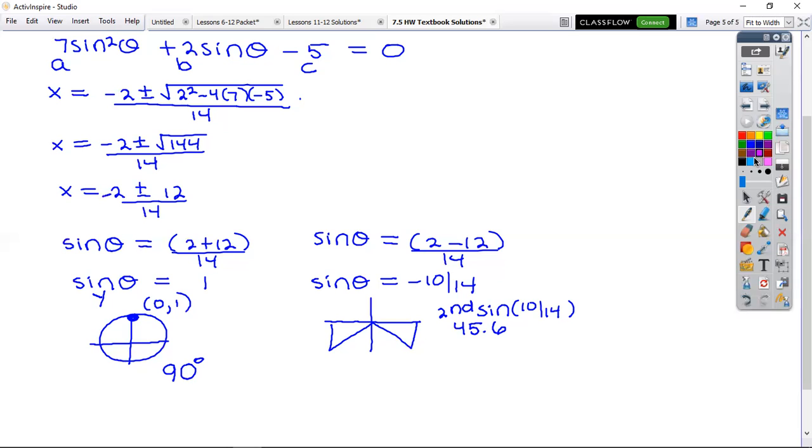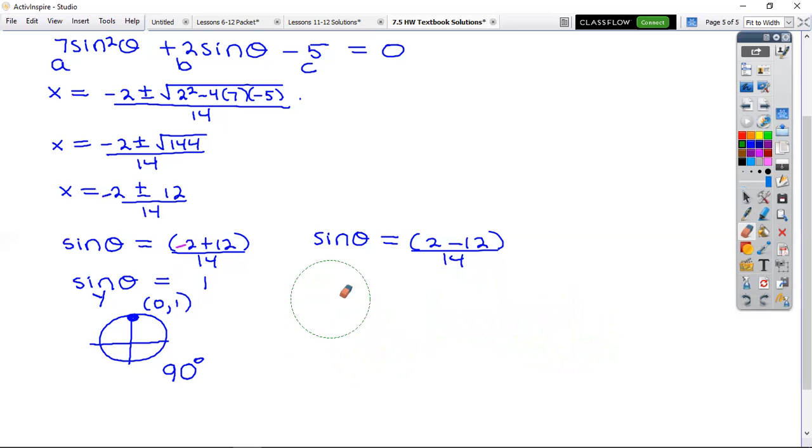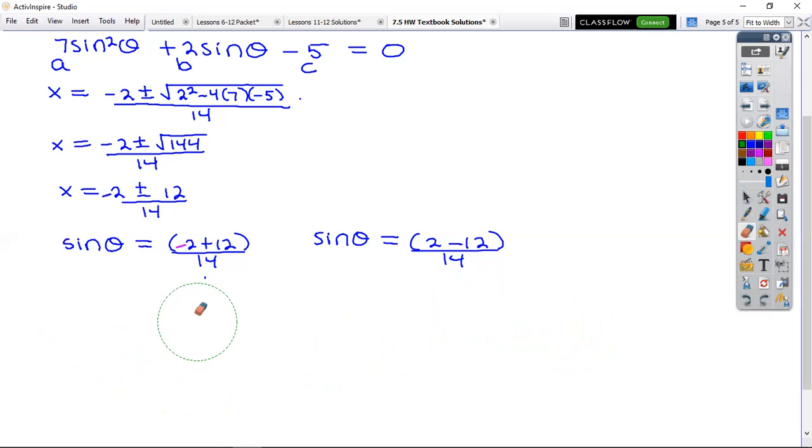These things happen, unfortunately. Okay, so let's change this up a little bit. So this is going to be -2 plus 12, so 10 over 14 on this side. Let me back this up. See what happens when you forget a teeny negative. I don't know, you guys do the same thing too.